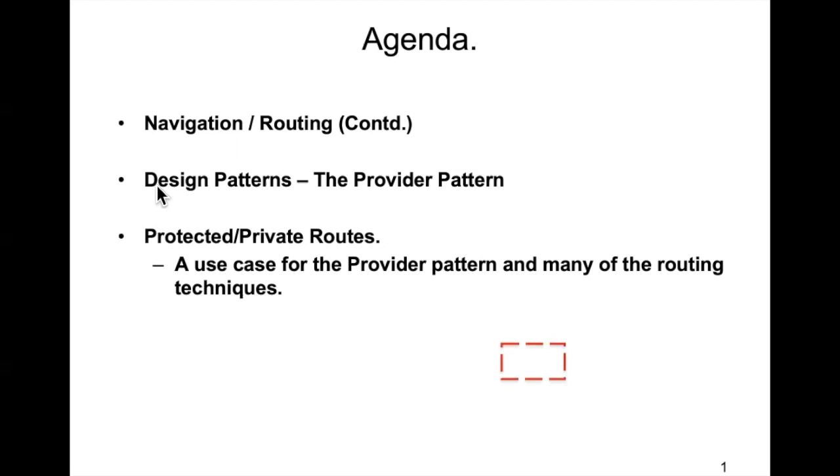So the scenario is your web application has certain aspects to it. It could be certain pages or certain features that you want to only make available to authenticated users. There's your typical login registration aspect to your application, and it's only users that have registered with our web app, only they can access certain aspects of the application.